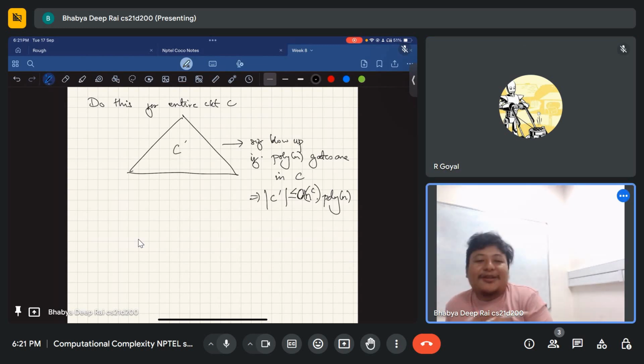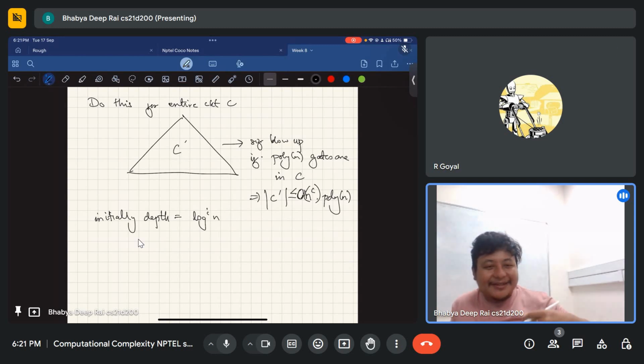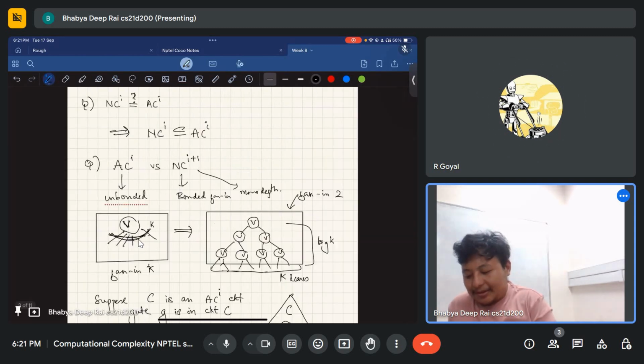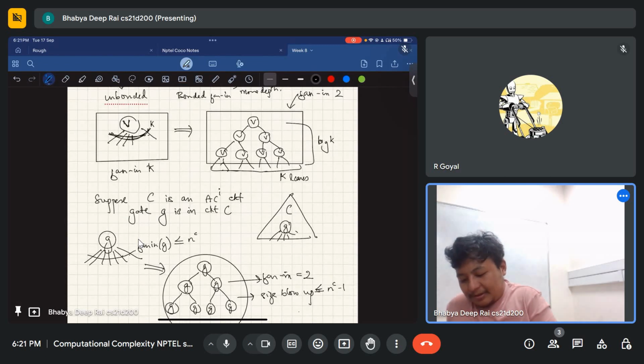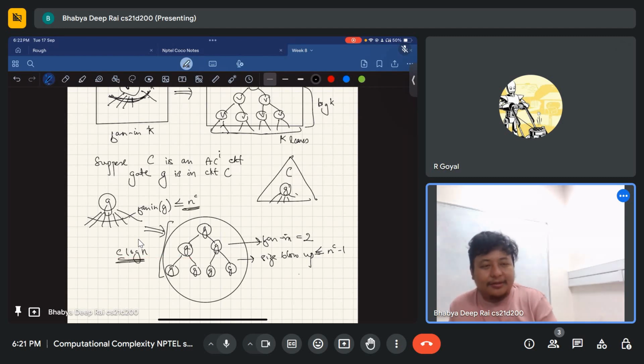And what is the depth increase? Initially, since it's an ACI circuit, the depth was log to the I n. Now every gate's depth is increasing. Fan-in was n to the C, now it became a C log n depth circuit.